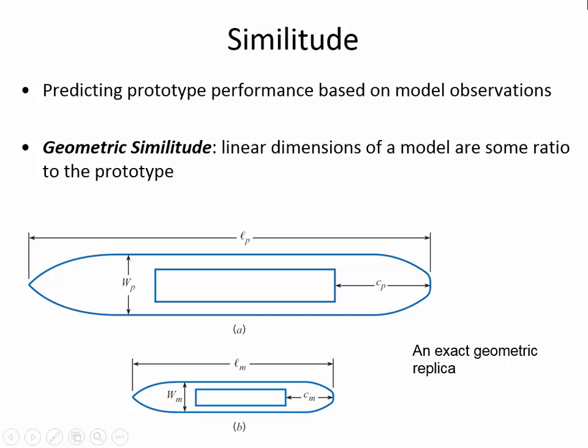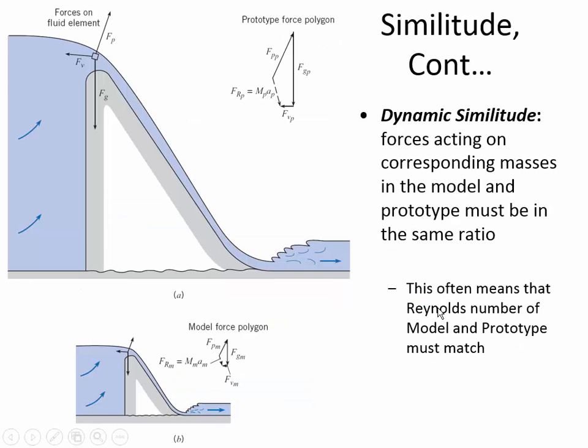Having geometric similitude doesn't ensure that the model and the prototype are going to behave in a similar way, though. Remember when we were talking about the example of the toy car, dropping the toy car and it's artificially strong. So you actually need to think about not having a similitude of the dimensions, but really what you need is a similitude of the forces, dynamic similitude.